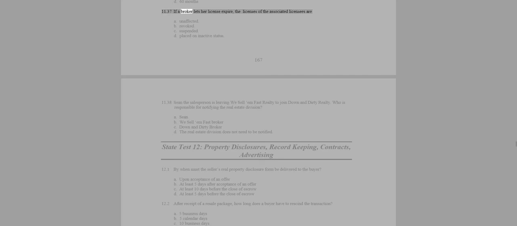11.37 If a broker lets her license expire, the licenses of the associated licensees are A. unaffected, B. revoked, C. suspended, D. placed on inactive status. 11.38 Sean the salesperson is leaving We Sell Fast Realty to join Down and Dirty Realty.